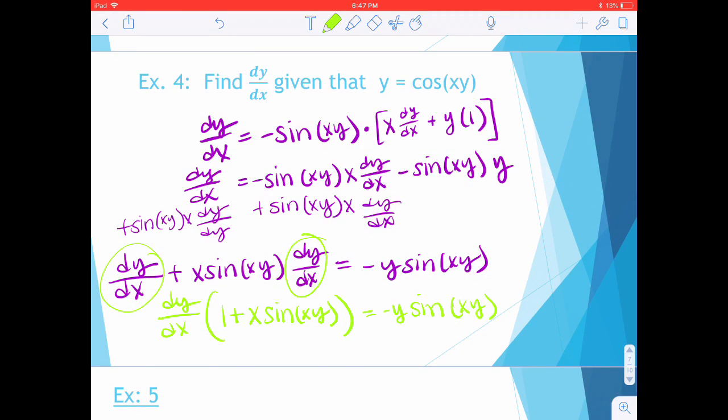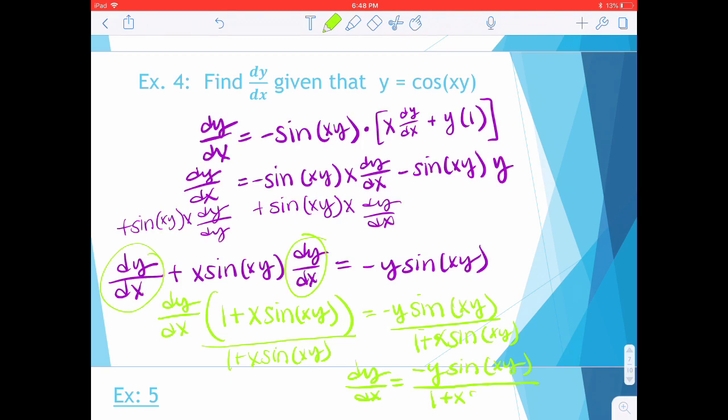Should give myself more room. So now we can divide by this 1 plus x sine xy. So dy/dx is equal to negative y sine xy all over 1 plus x sine xy.